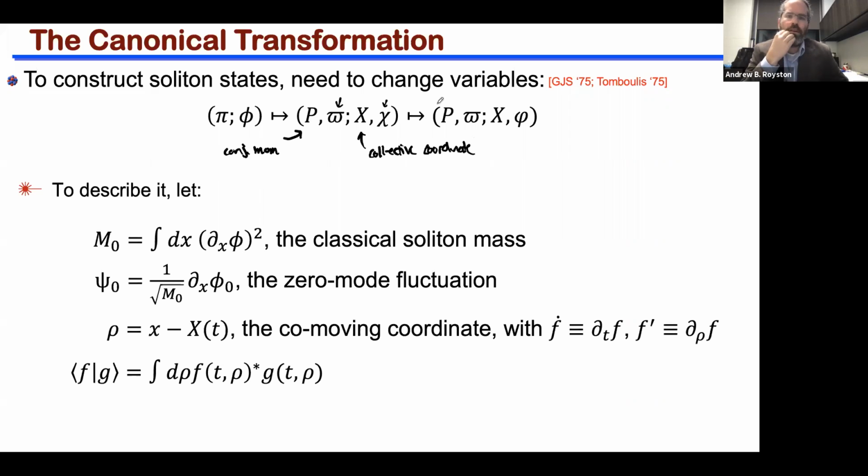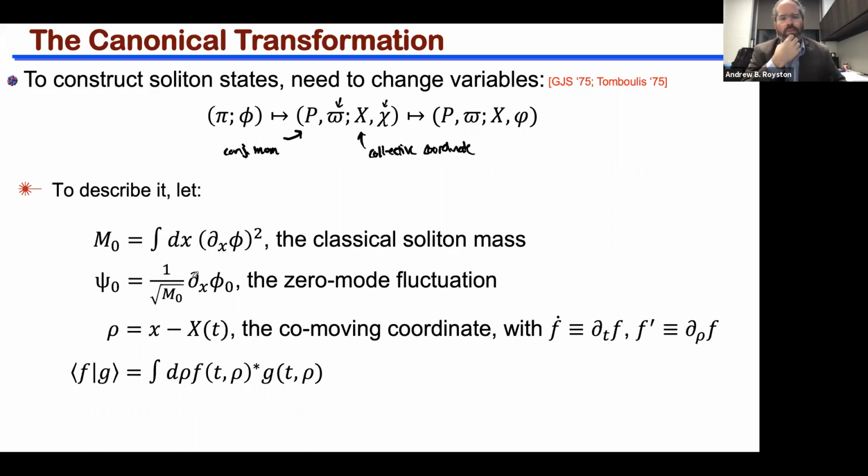Now, to describe the change of variables, we need to introduce some notation first. So m naught is going to be the classical soliton mass given by this expression here. Psi naught is going to be the zero mode fluctuation. So that is just our usual L2 normalizable zero eigenvalue solution to the fluctuation operator around the soliton.